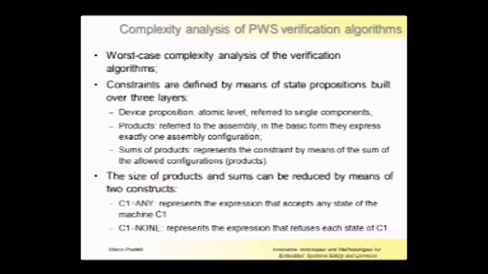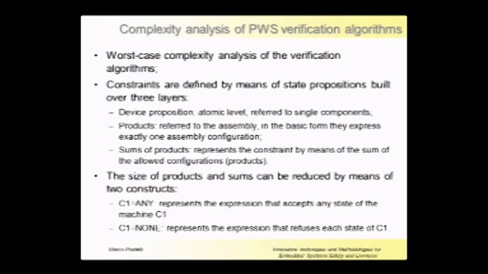Then a sum of products is the chosen form for representing our constraint, our state proposition. Therefore, a constraint is defined as a set of global configurations that are accepted by the formula. In addition, we have the any and the none constants.